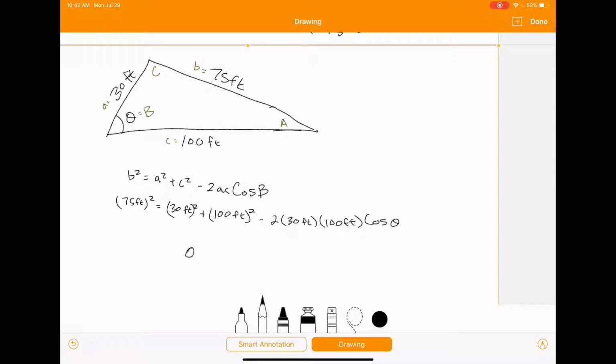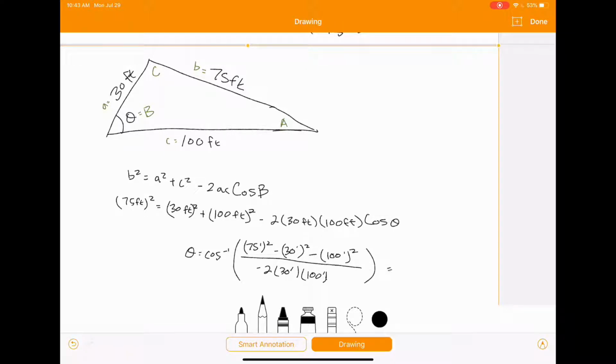theta. So theta is going to equal the cosine inverse of 75 feet squared minus 30 feet squared minus 100 feet squared all over a negative 2 times 30 feet times 100 feet.